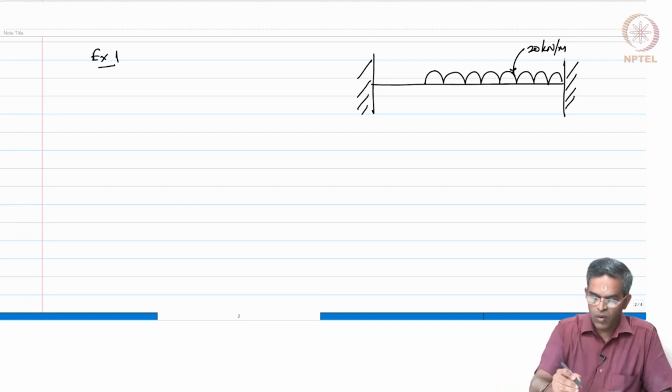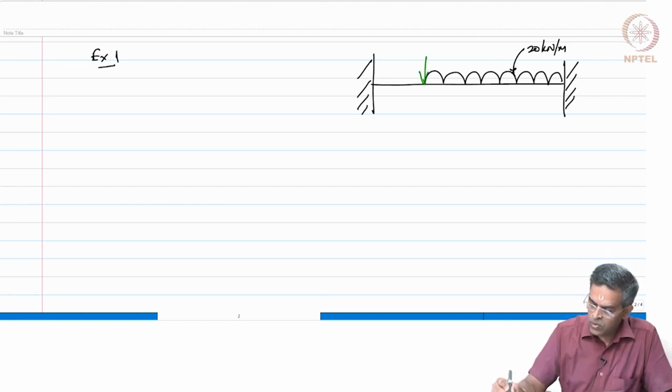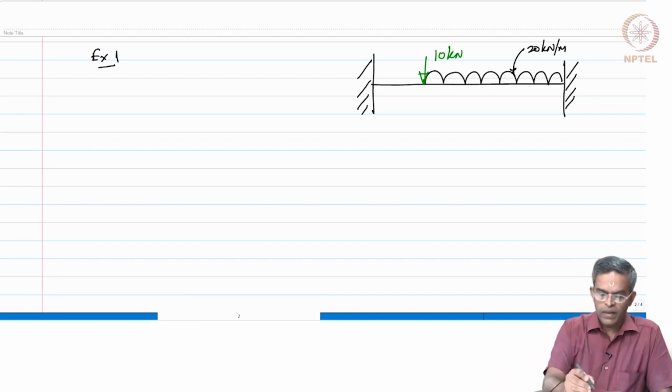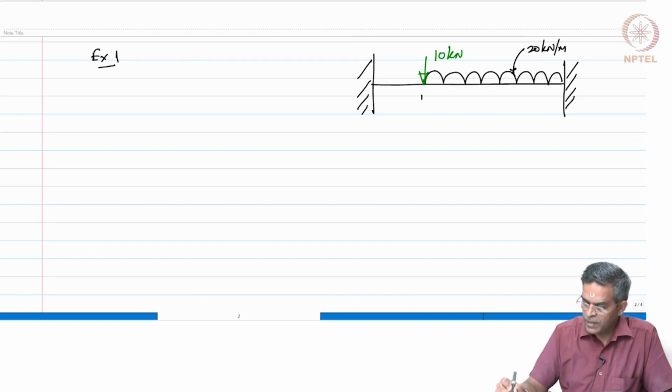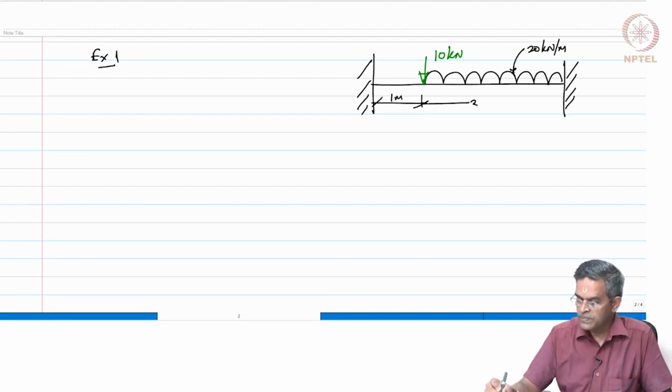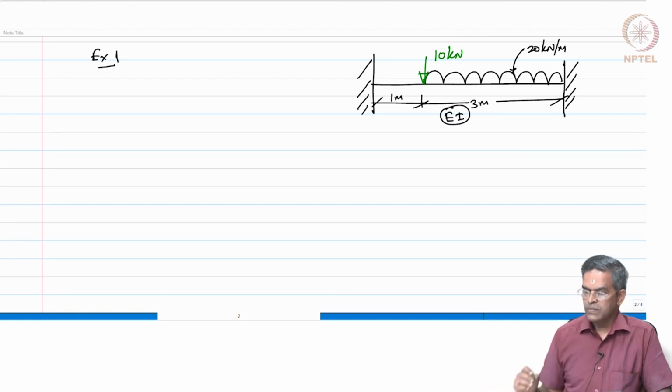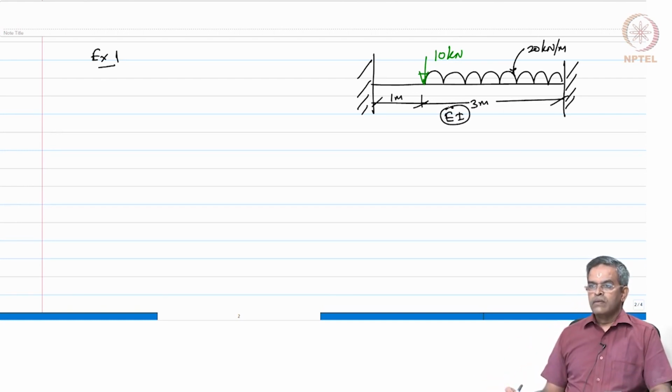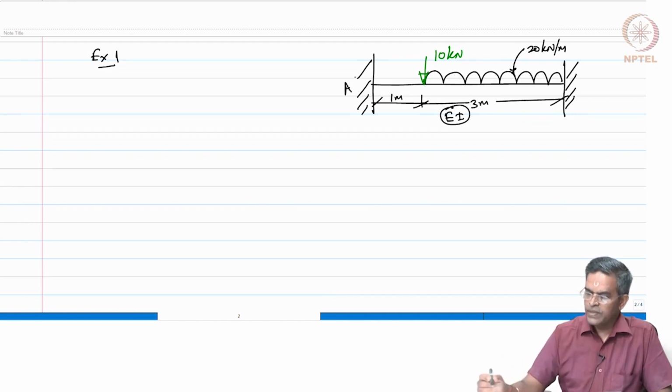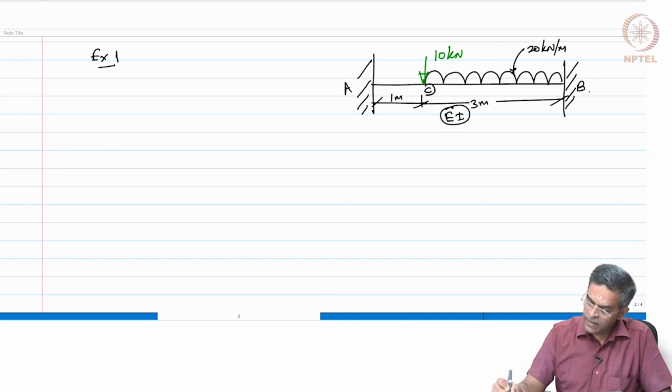There is also a point load of 10 kilonewton, and the geometric details are given like this. Let us name the ends as A and B and this point as C.